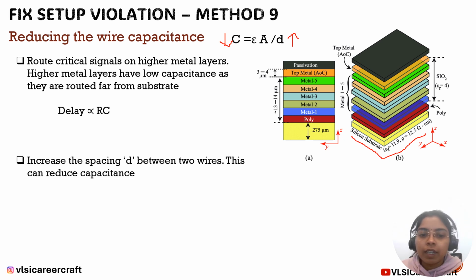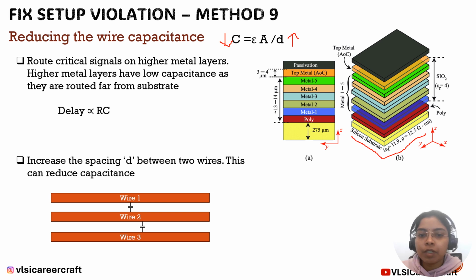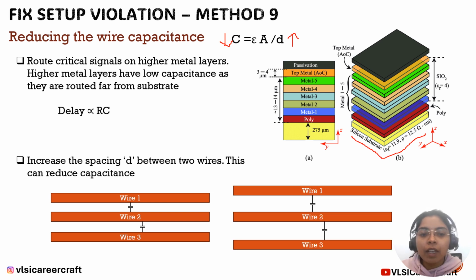One more case where distance helps in reducing the capacitance is when I have multiple wires which are getting routed, and few wires are sitting closer to each other. Let's say this is the default spacing, and they are offering certain coupling capacitances between the parallel wires.